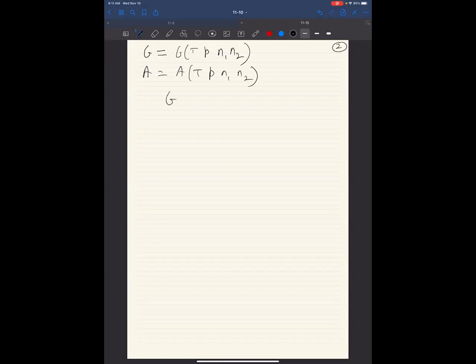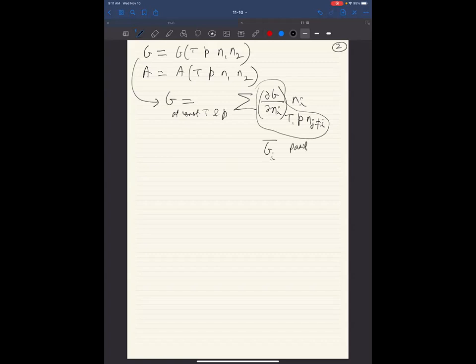However, this means that G at constant temperature and pressure is going to be summation of partial G by partial Ni at constant temperature, pressure, and j not equal to i, multiplied by Ni. And this is what we called the partial molar Gibbs. This is equation number 3.